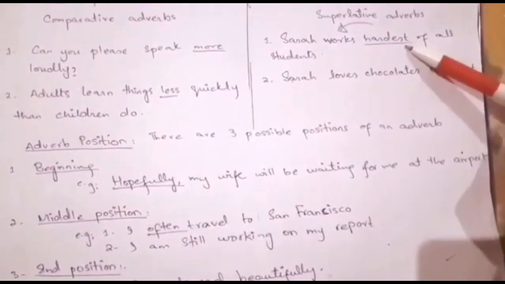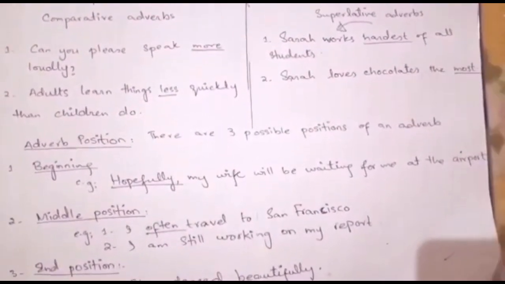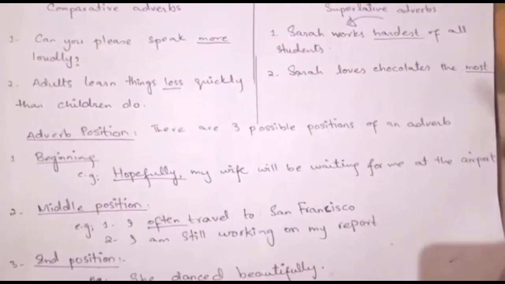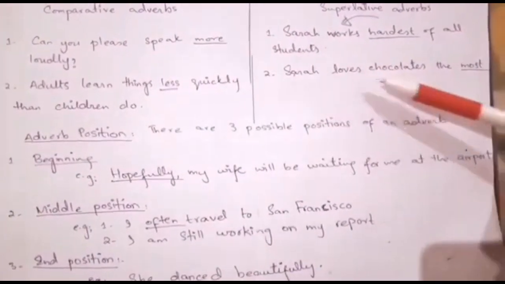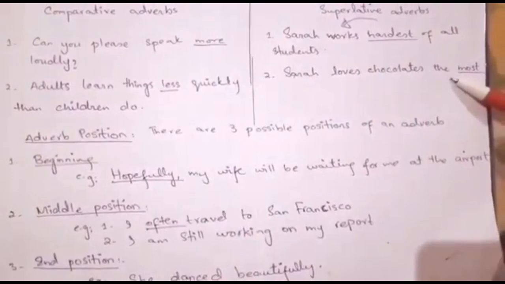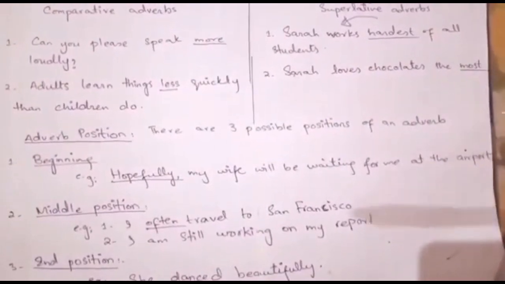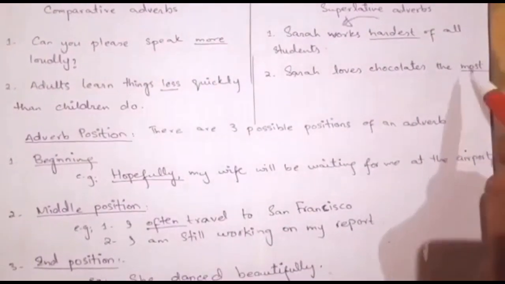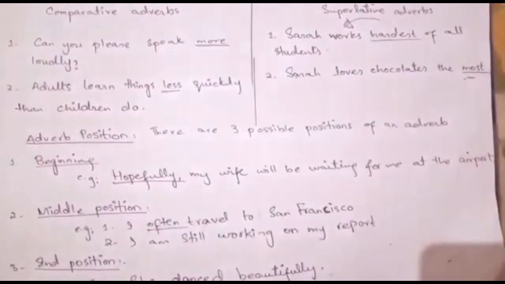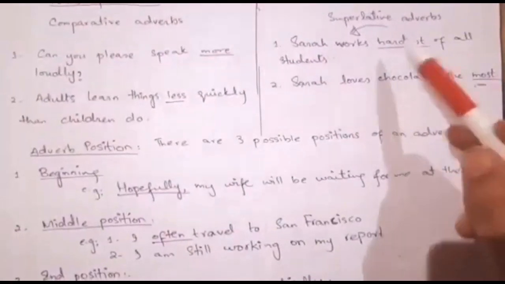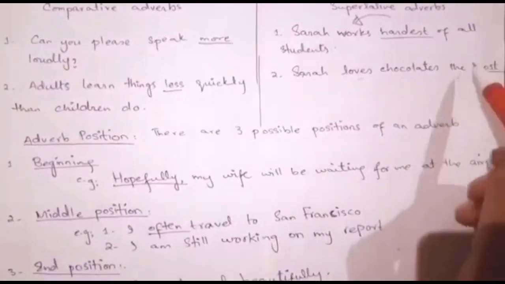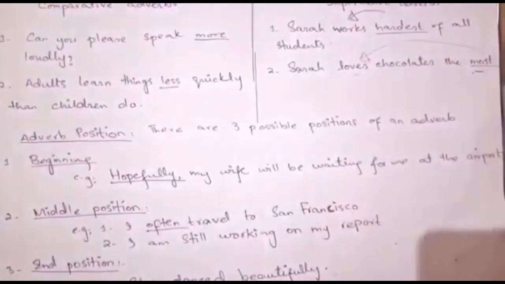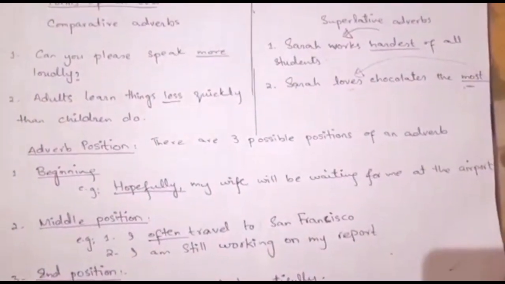So this is a superlative adverb. In the same way, the sentence number 2, Sarah loves chocolates the most. That means Sarah loves chocolates more than anything. So over here the word most is modifying the verb loves. So this is a superlative degree.